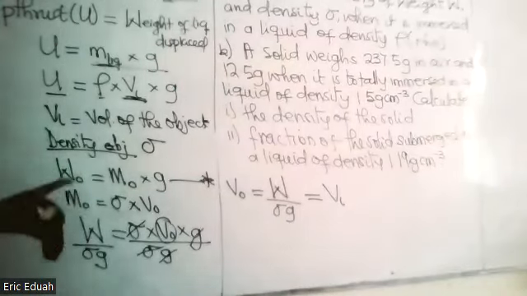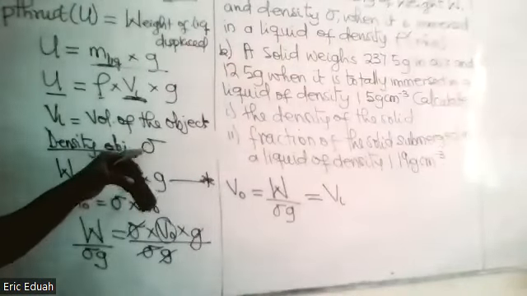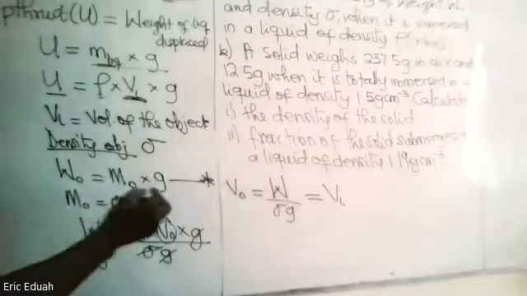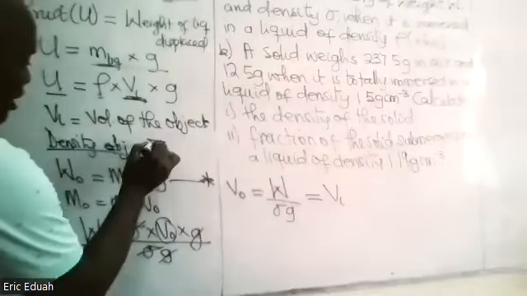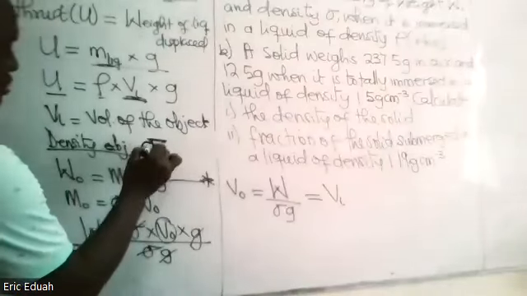Which part? From the density of the object. We were given the density of the object to be sigma, this symbol. This symbol is the density of the object.